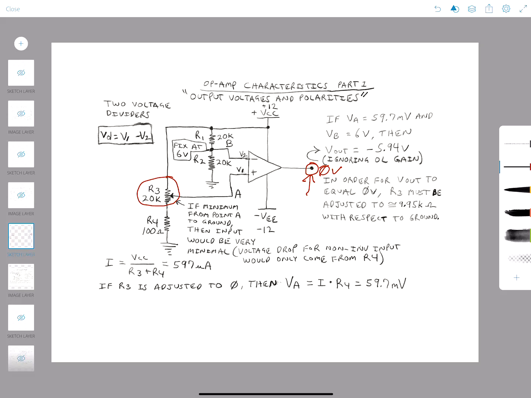The first thing we need to do, and this is where most students kind of stop, is we would think that since we have a voltage divider network here, the only one that's really a voltage divider is this one. So that's why we need to adjust R3 in order to get that 0 volts out.